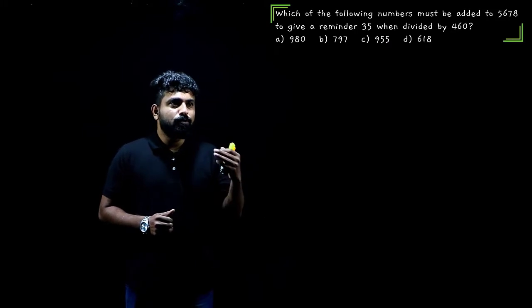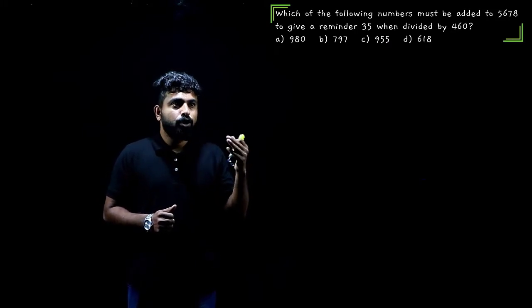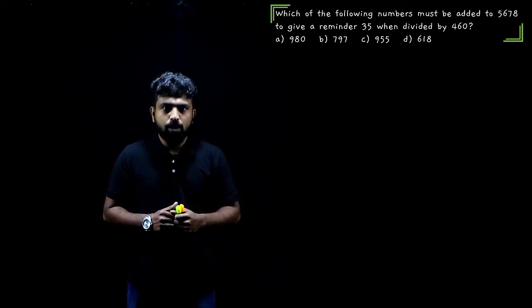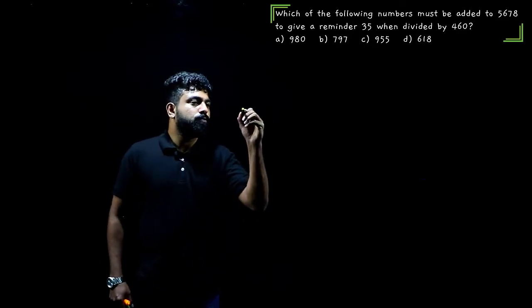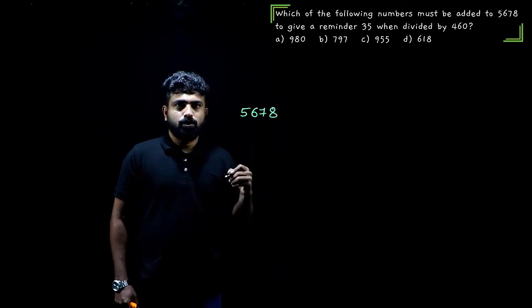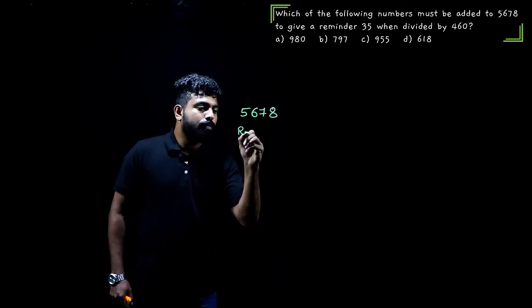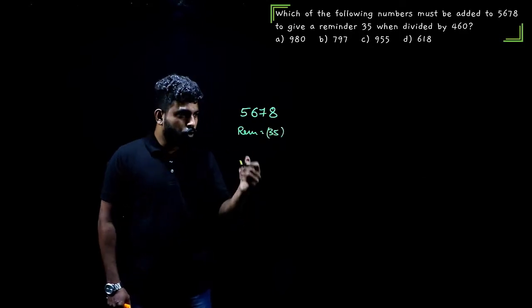What does our next question tell us? Which of the following numbers must be added to 5678 to give a remainder 35 when divided by 460? They are asking what should be added to 5678 so that I'll have a remainder of 35 when divided by 460.